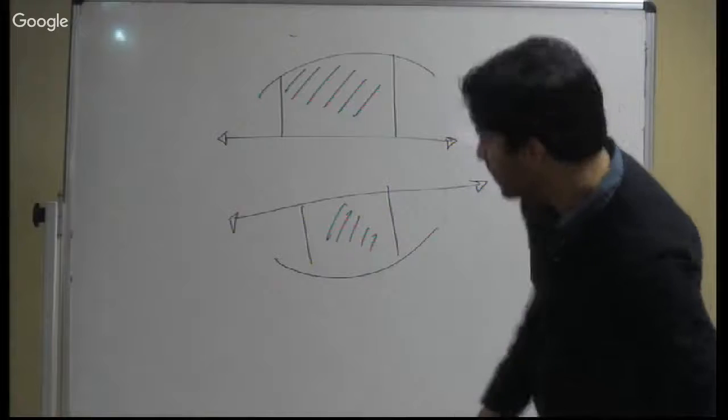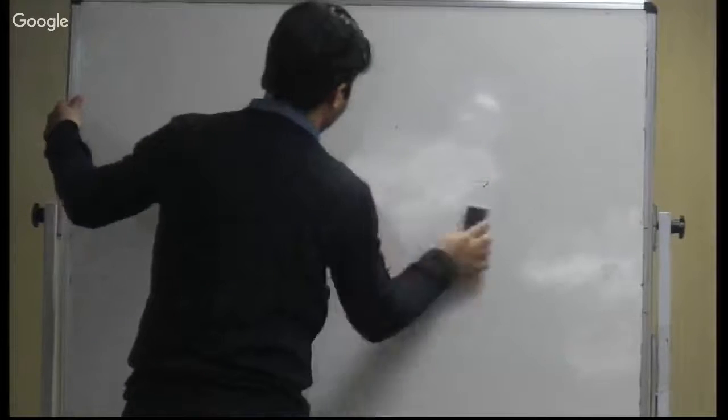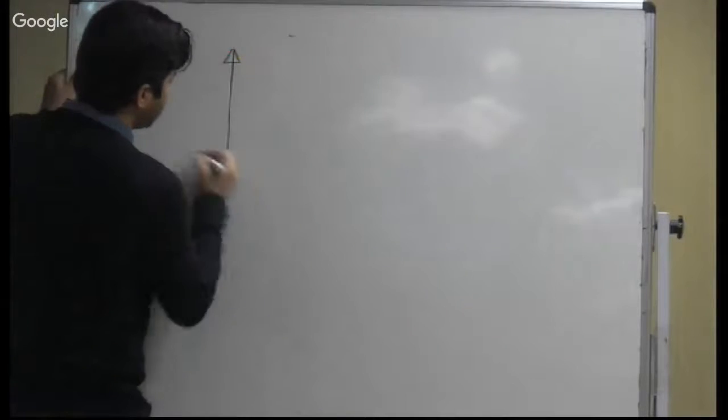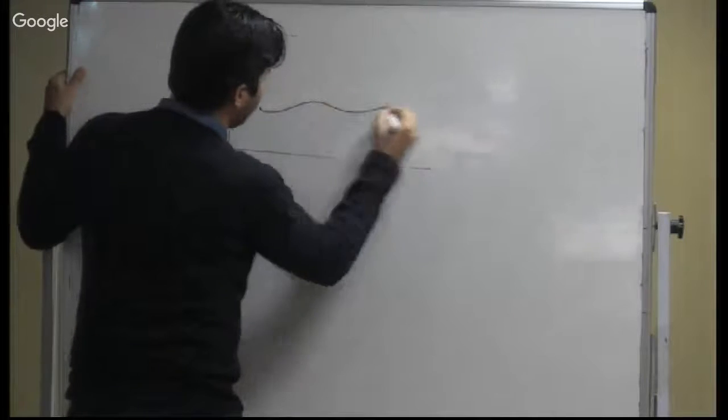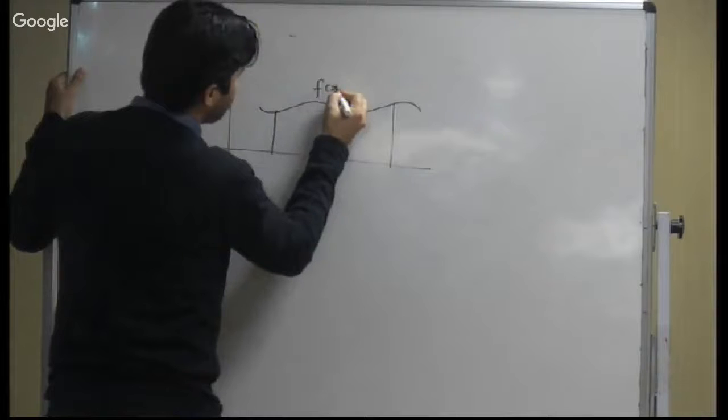So before we start doing questions, I wanted to discuss the types which you will be getting while solving the questions. Let's say I have to find the area of this curve, let's say this is f(x).